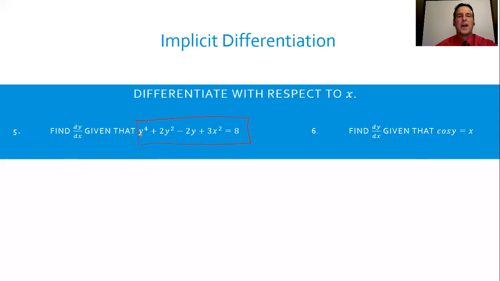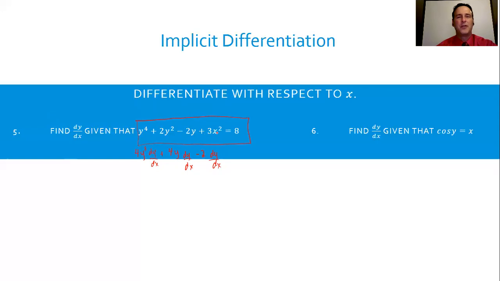All right, so when I take the derivative here, I'm going to say this is 4y to the third, and put a dy dx behind it because I took the derivative of y. I'm going to do the same thing for the second guy, which is 4y dy dx. I'm going to do the same thing with the minus 2y, so that's minus 2 dy dx.